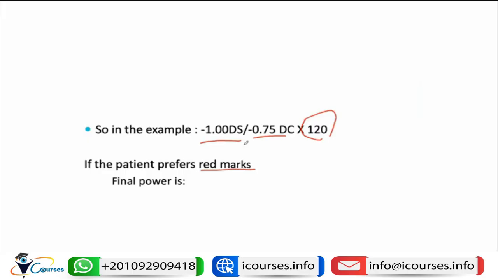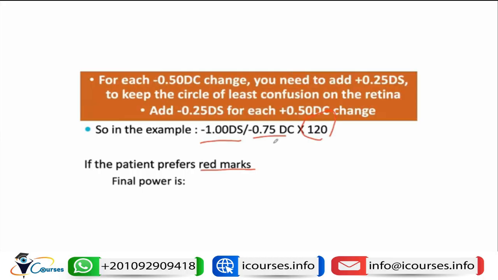If you think that we will just add -0.5 to the cylinder, you will be wrong, because when we add -0.5 diopter to the cylinder, we are changing the spherical equivalent. As I told you in the first slide of the Jacksonian cross cylinder, the basic principle is that it has a spherical equivalent of 0. So the cylinder has double the power of the sphere.